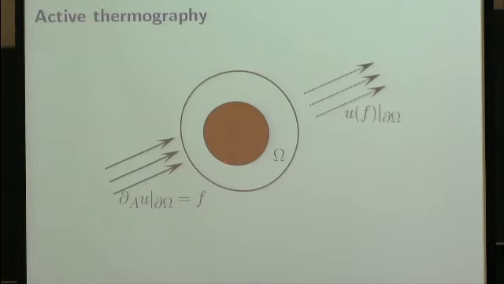And then the active thermography will inject some heat flux from outside, and then measure using an infrared camera the distribution of the temperature on the surface of omega. And then with this measured data, the active thermography will detect what is inside this omega.